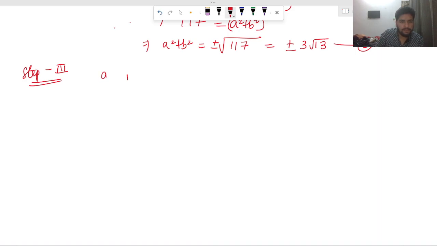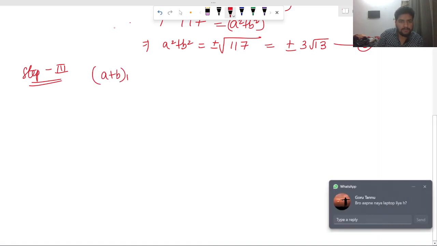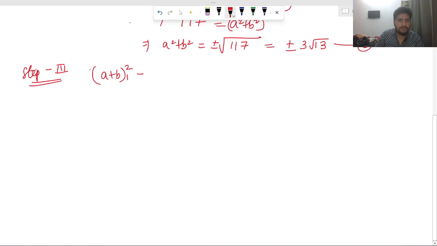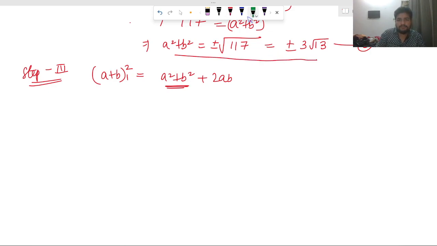We're going to use an identity: a plus b whole square equals a square plus b square plus 2ab. Now we put the value of a square plus b square from this equation, plus minus 3 under root 13, plus twice, and we know the value of ab was 3.